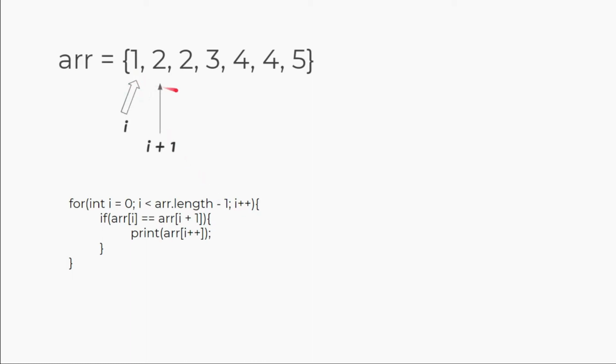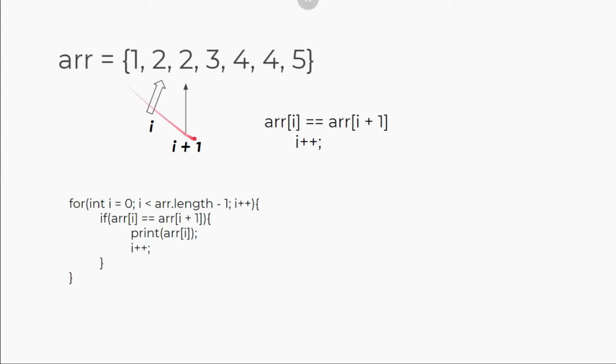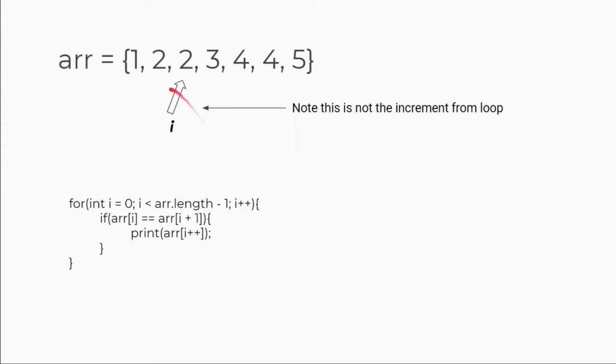Here's the solution. We will start from index i equal to 0 and we will check for the elements at i and i plus 1. If the elements at index i and i plus 1 are same, then we will print that element. And one more thing we have to do here: if we got the same elements, then we will increase i by 1, so we are on the next new element.